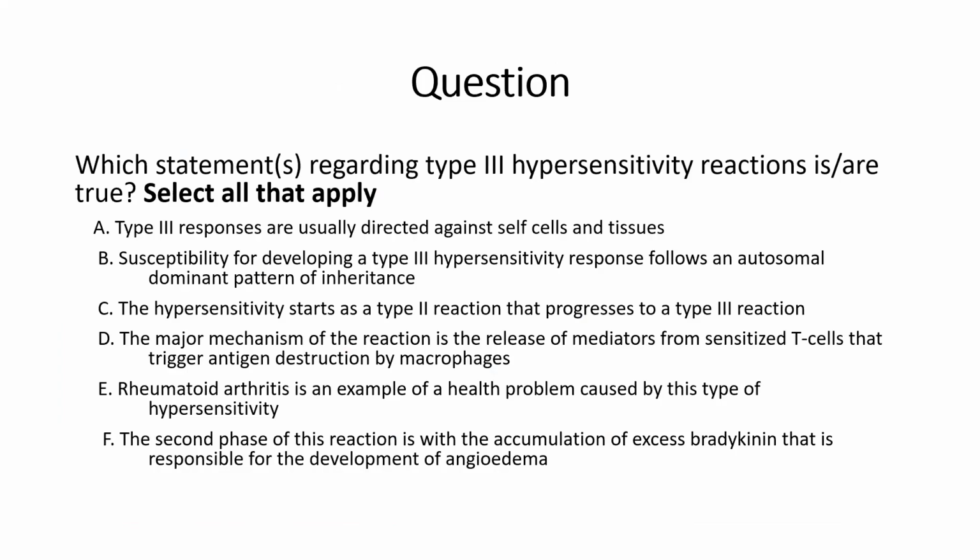So here's a question. Which statements regarding type 3 hypersensitivity reaction is or are true? I want you to think about these, and I want you to read through them, and when we meet in class, we'll go over the answers.